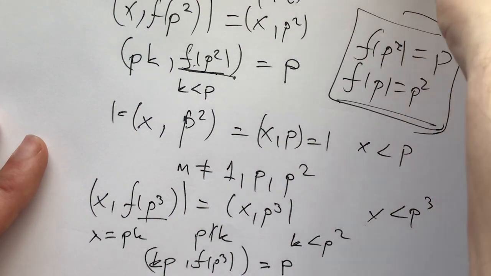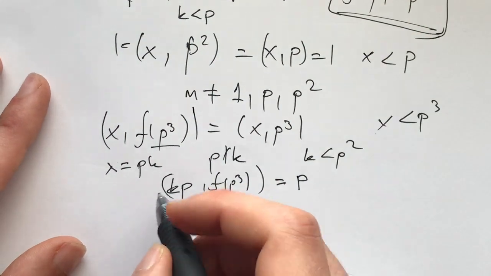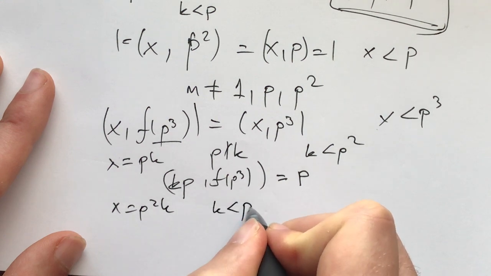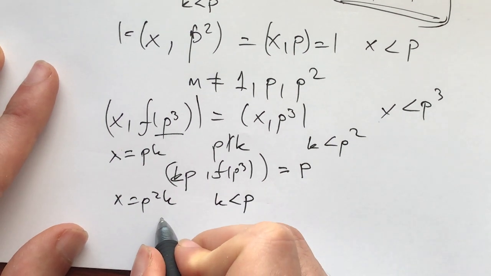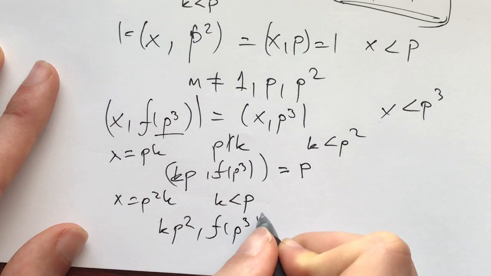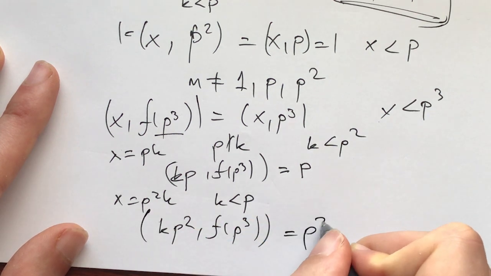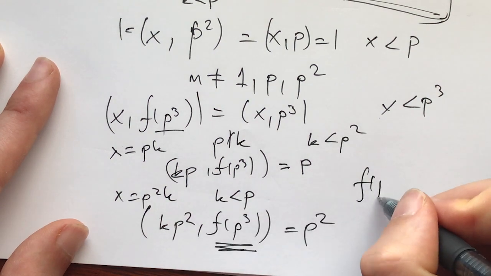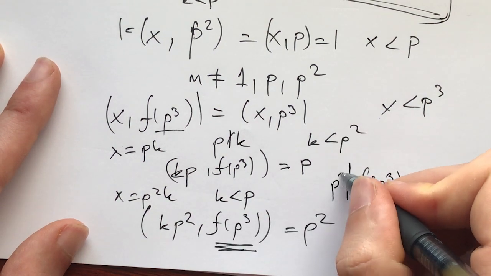And if we plug in x equals p squared k, k less than p, we have the GCD of kp squared and f of p cubed equal to p squared. So now we know that f of p cubed needs to be divisible by p squared.